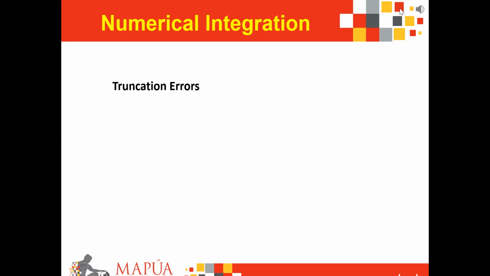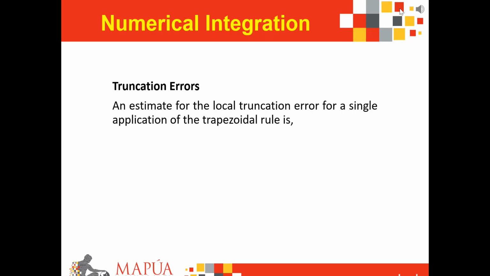What are these truncation errors that we eventually need to add in order to have a more accurate integral estimate? From a given point of view, this is the formula for the local truncation error for a trapezoidal rule, for example. This formula is relevant if your given function turns out to be curved rather than a straight line. If your given function is a straight line, this technique is very accurate in approximating your integral value.